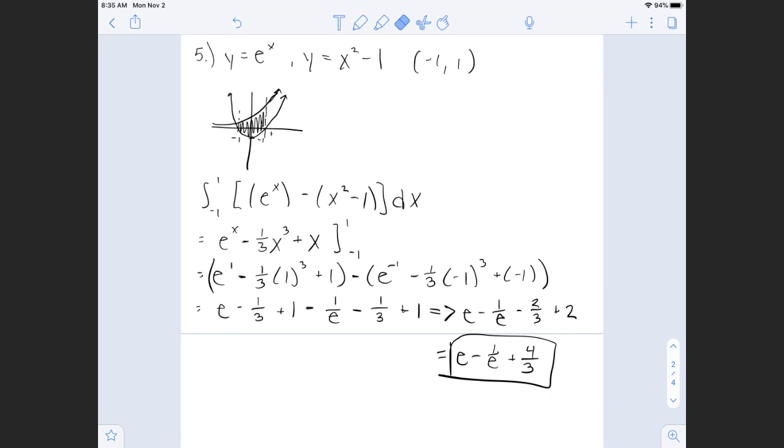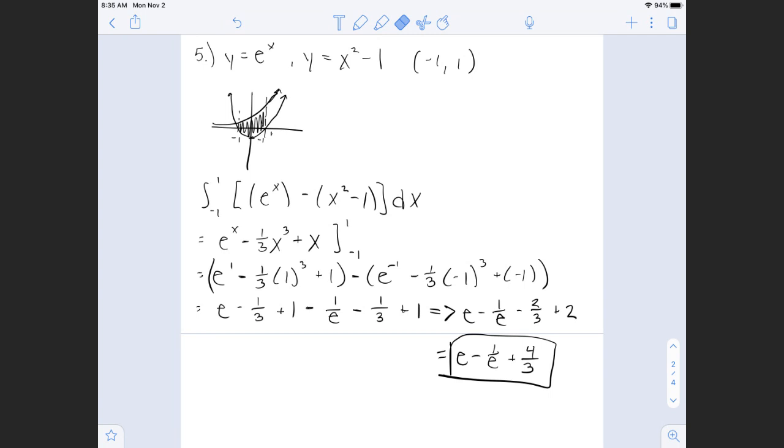And then I found the antiderivative. The antiderivative of e to the x is just itself, e to the x. And the antiderivative of x squared minus 1 would be 1/3 x to the third minus x, and the subtraction sign is distributed. And then that's from -1 to 1.